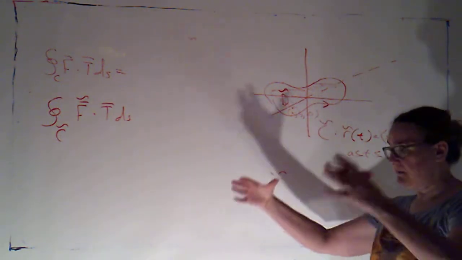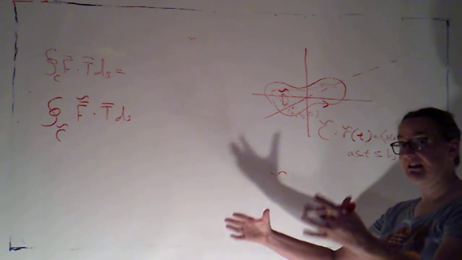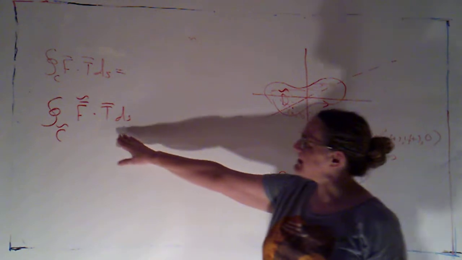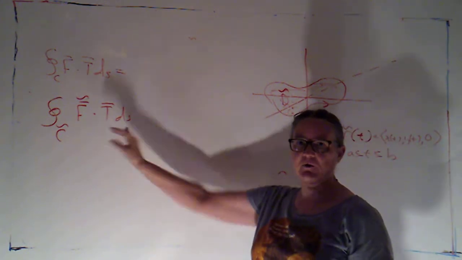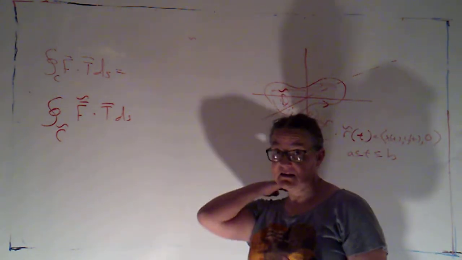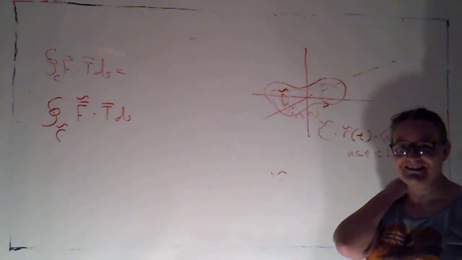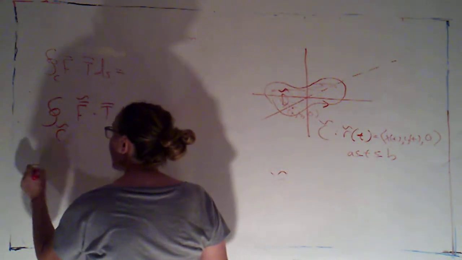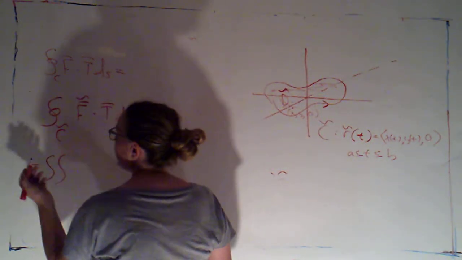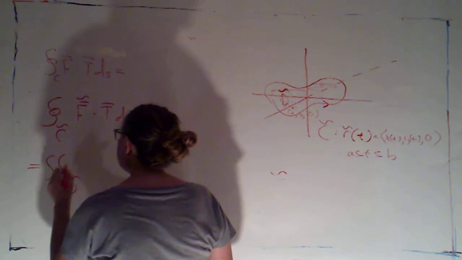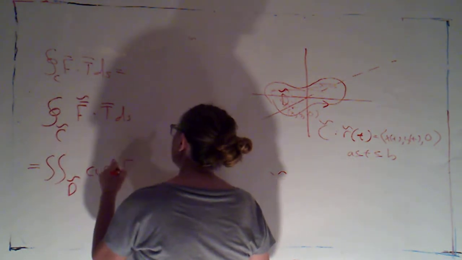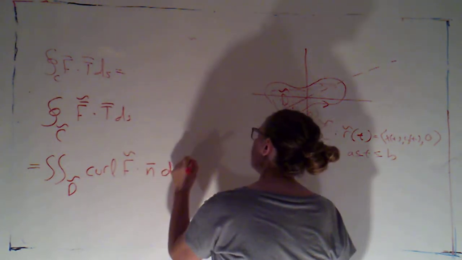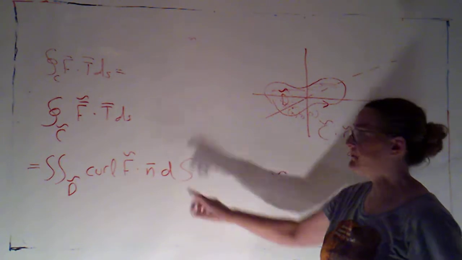Moving things to say I'm going to look at this as being on the xy plane in 3 space, as opposed to just on the xy plane, isn't going to change the value of this integral. It just puts it in a space where now curl is defined and Stokes' theorem applies. So I can say by Stokes' theorem, this is going to be the double integral over D tilde of curl of F tilde dotted with N dS.